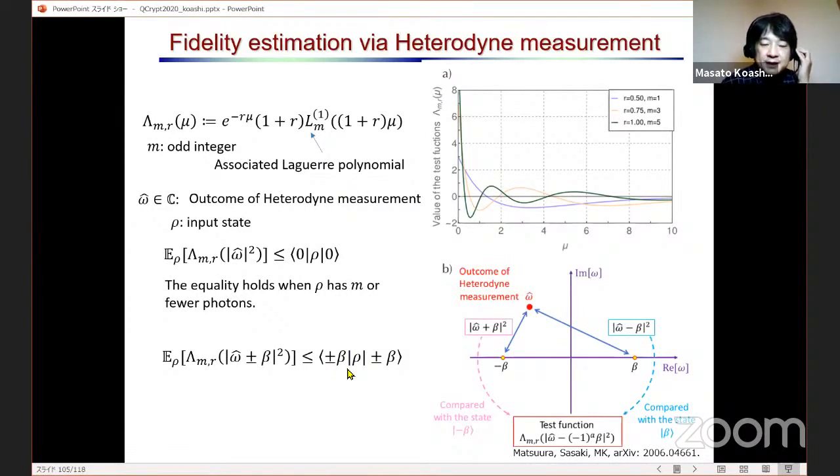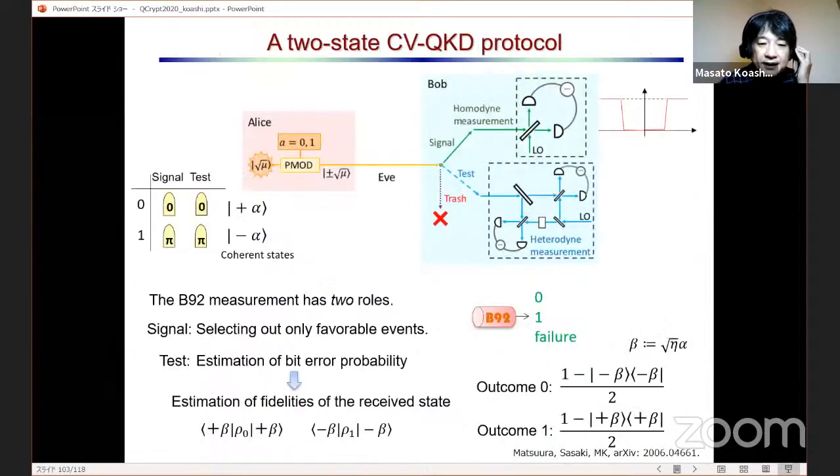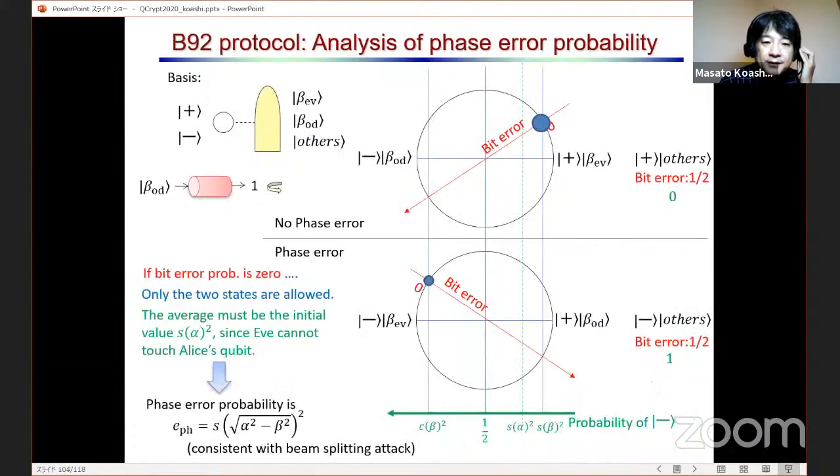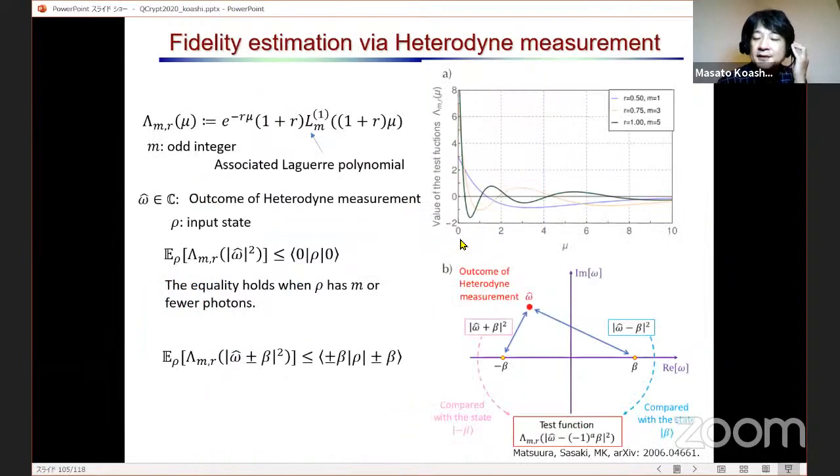This means that you can obtain exactly the same thing as in the B92 protocol, which is the bit error probability or fidelity to the ideal state, by using heterodyne measurement. So you can do not exactly the same, but a similar kind of analysis here. You can prove the security of the CV protocol.